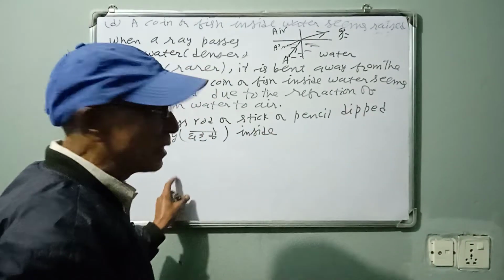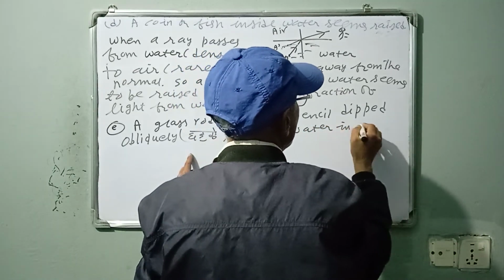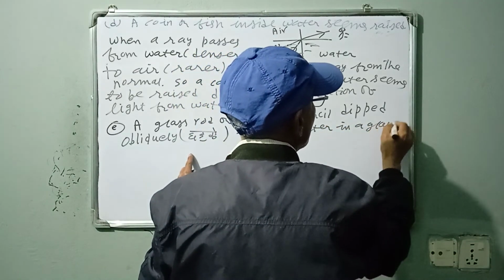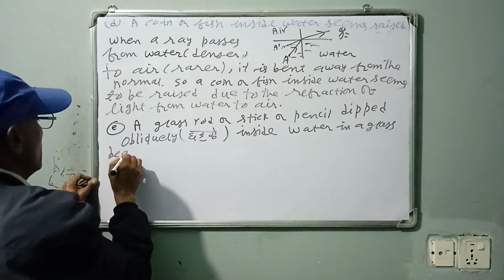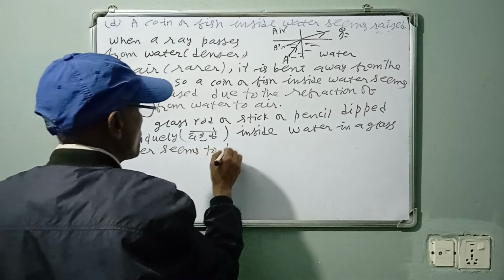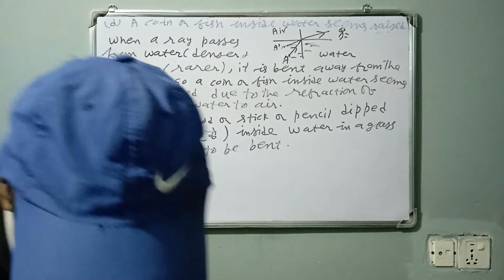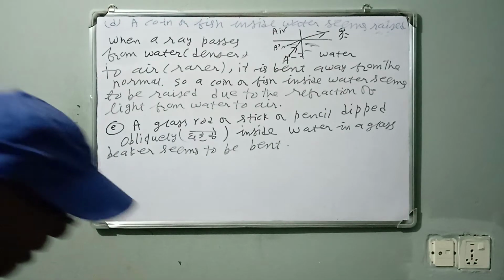Dipped obliquely inside water in a glass beaker seems to be bent. यो बाङ्गो भयो जस्तो अनुभव हुन्छ. What is the reason?